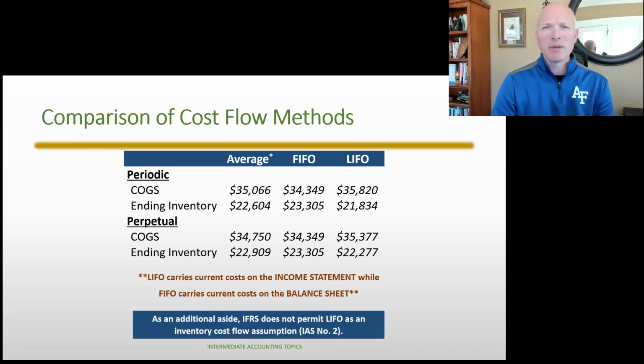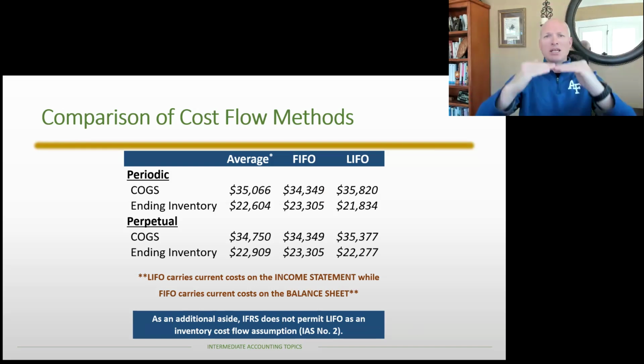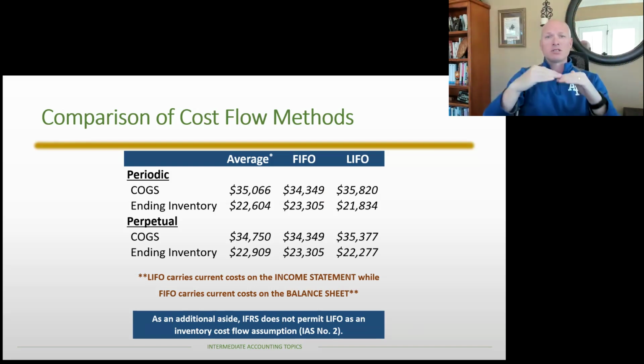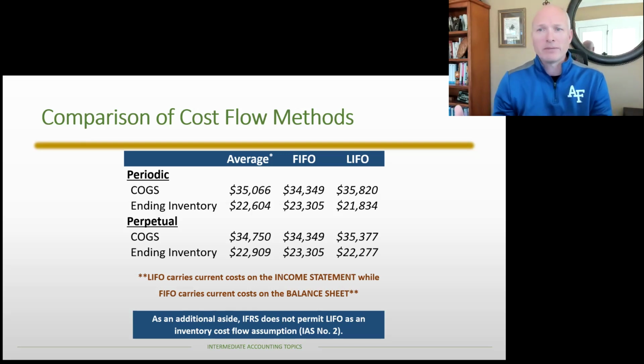I think it makes sense why. We talked about it last time: if you have these layers that keep getting added, remember we're scooping off the top. And so you have a bucket, you put a bunch of things in the bucket, you get layer after layer after layer. And if you never scoop far enough down, you might have layers that are years and years and years old. And quite honestly, that's just not realistic. And so IFRS basically said that's not realistic, so we're not allowing that as a cost flow assumption.